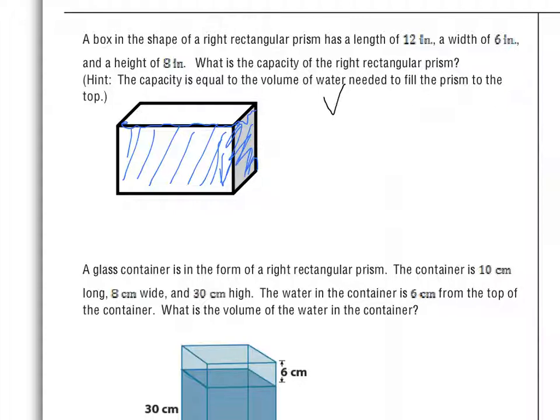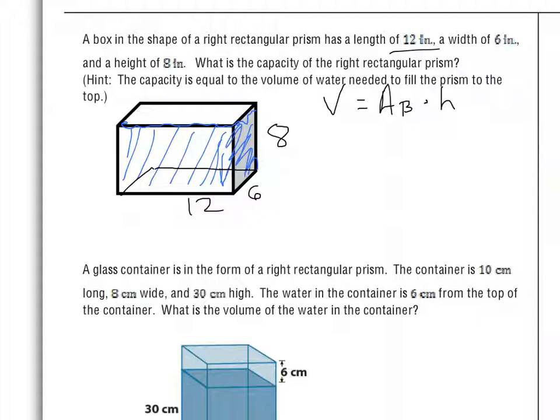The volume is equal to the area of the base times the height. It tells us that it has a length of 12, a width of 6, and a height of 8. So that means our base is going to be what's here on the bottom, which is a 12 by 6.